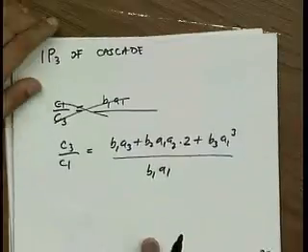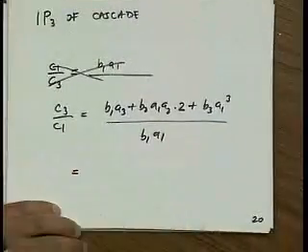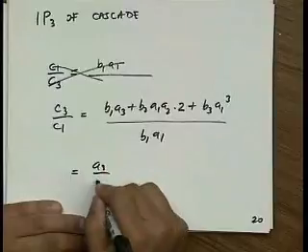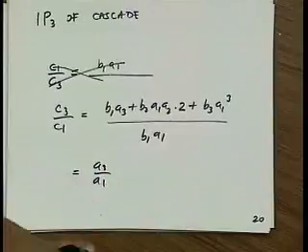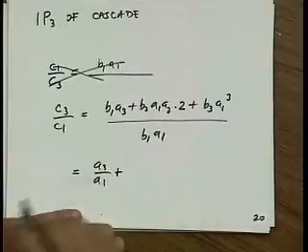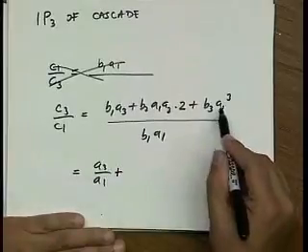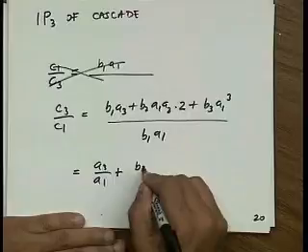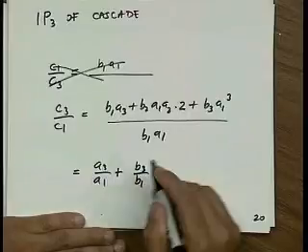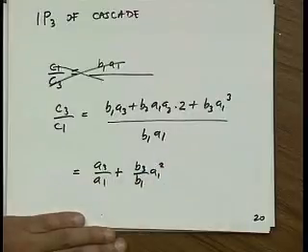And if I just write this out to 3 terms, this is going to be A3 over A1. That's good. That's 1 over the input IP3 of amplifier A. Plus, let me take this last term here. I have B3 over B1 A1 squared. Okay?